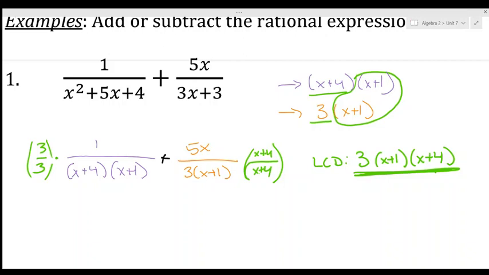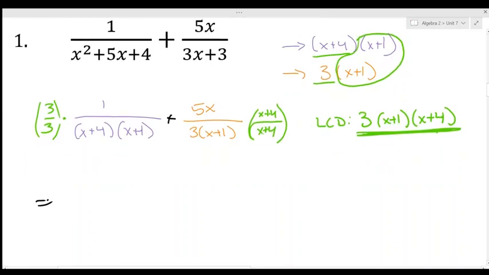Okay, now you're going to have to use your algebra skills. So we have 3 times 1. That gives me a 3. And then I'm just going to rewrite my bottom like my LCD. So we have 3 times x plus 1 times x plus 4. The order in which you write your factors doesn't matter, okay?